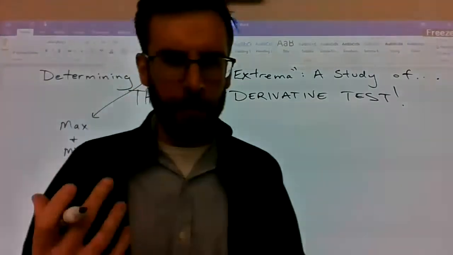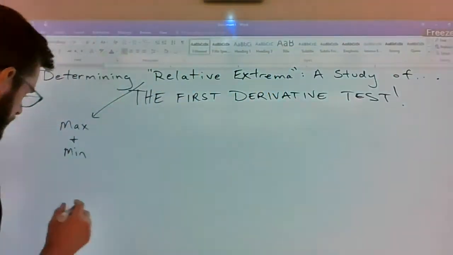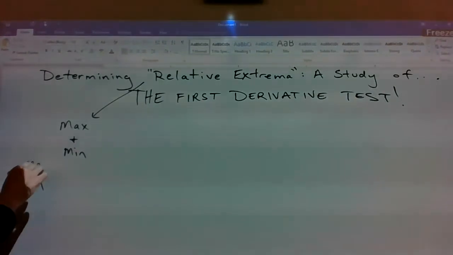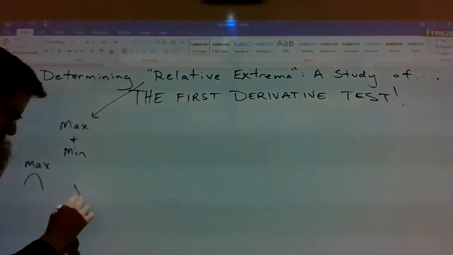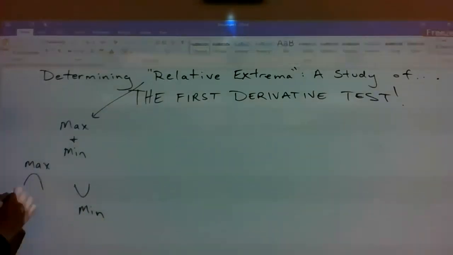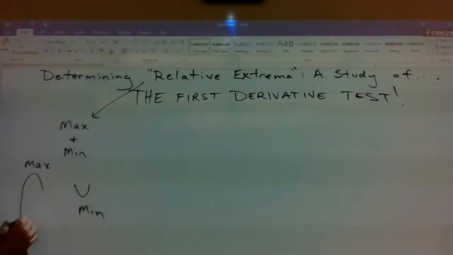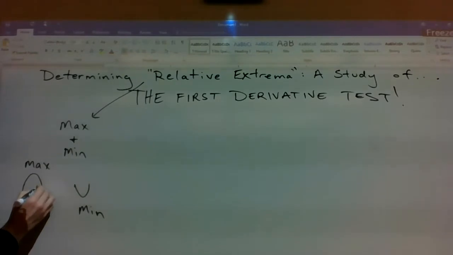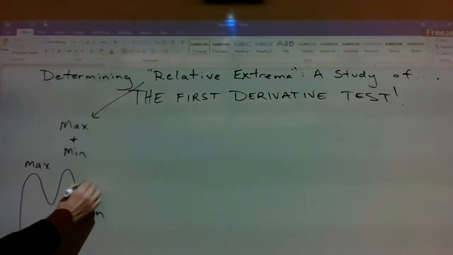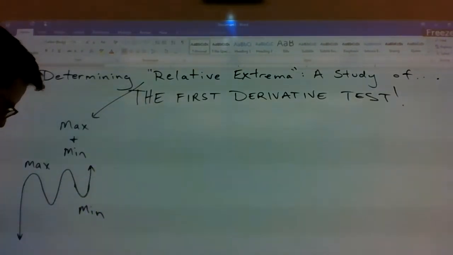Not the absolute max or min, but we're just talking about these types of situations for max and these types of situations for mins. Right? So if this were a curve, this would be a max value and this would be a min value.